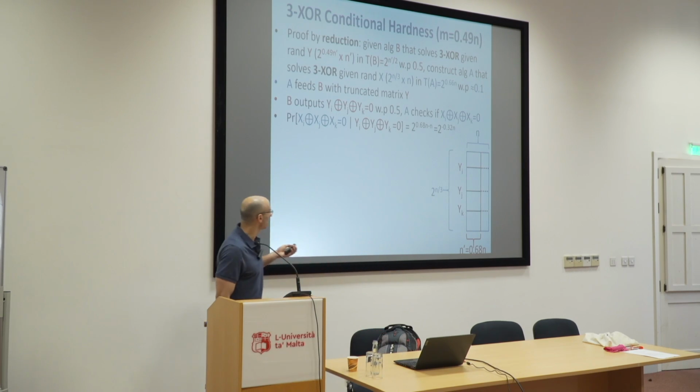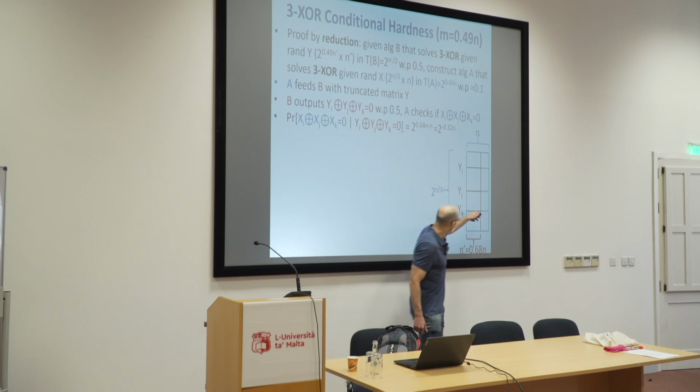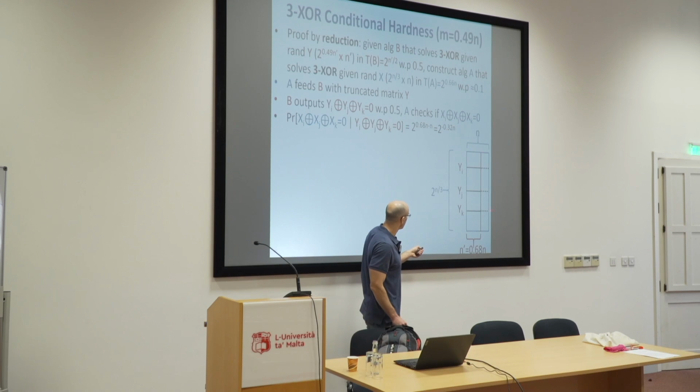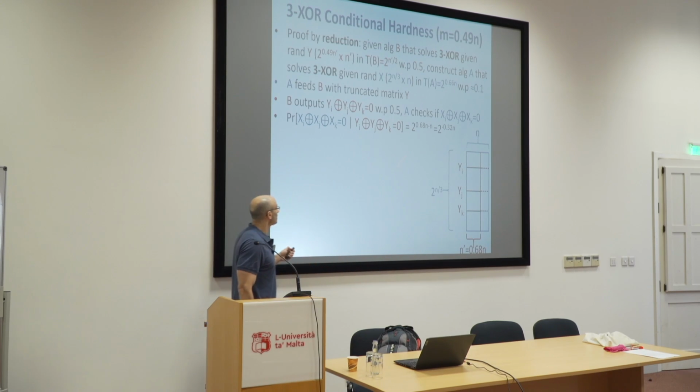And what's the probability of this? Well, B didn't even look at these. It's not even given these dotted vectors, the remainder of the vectors. So what's the probability of these 3 remainders XORing to 0? Well, it's 2 to the 0.68n minus n.